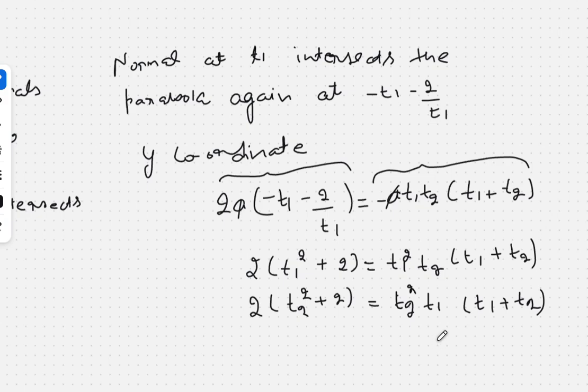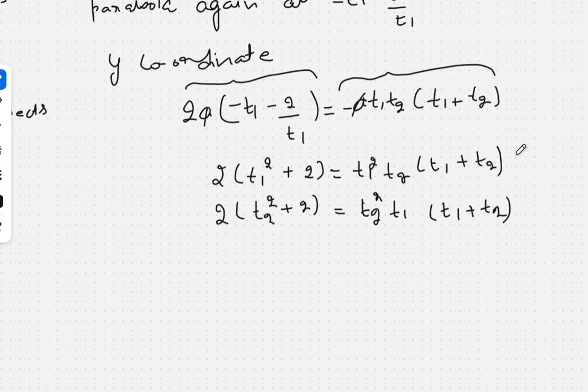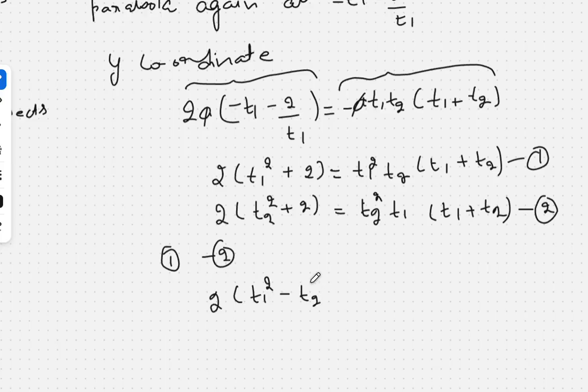Okay. Now you can just simply subtract these two results. Let's say this is result number 1 and this is result number 2. So we can do first minus second. Now I hope you can see 2 common. It will be t1 square plus 2 minus t2 square minus 2, so 2 will be cancelled out. t1 square minus t2 square is equal to, on the right hand side, t1 plus t2 is common, and we can even take t1 t2 common, and also this will be t1 minus t2.